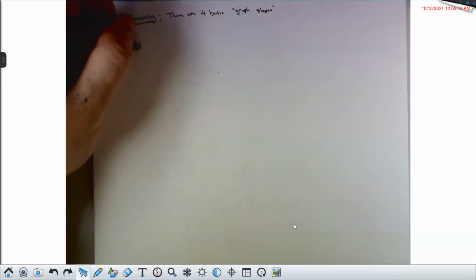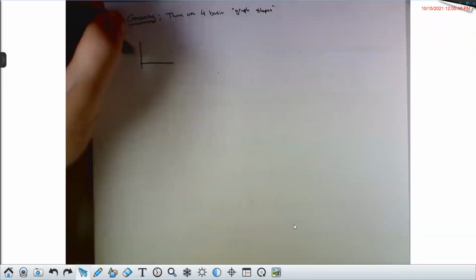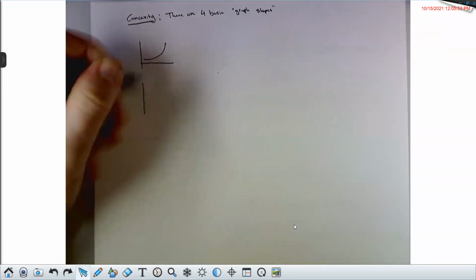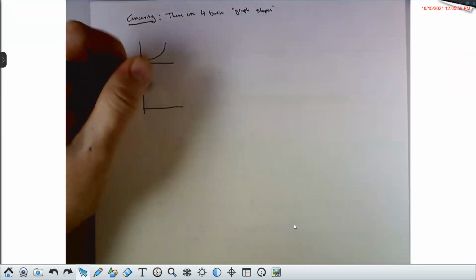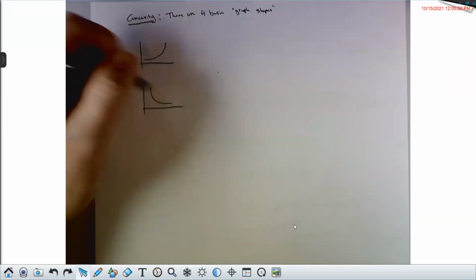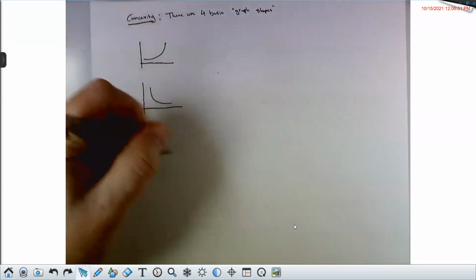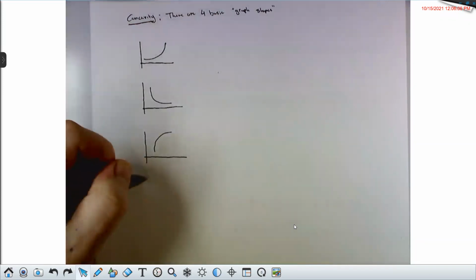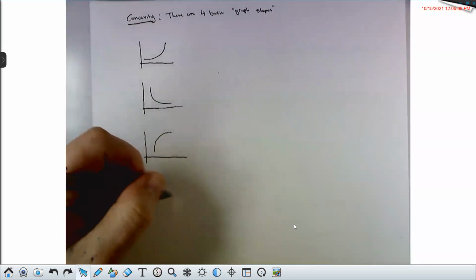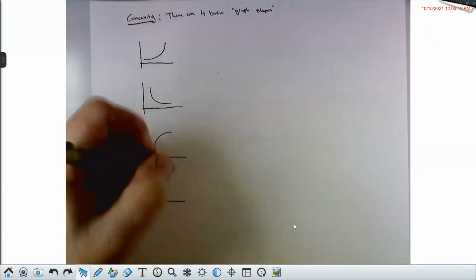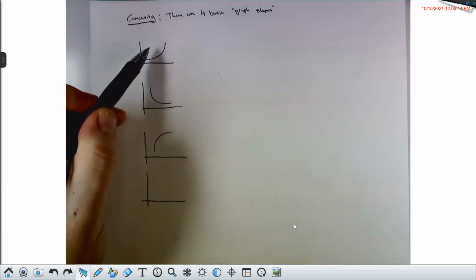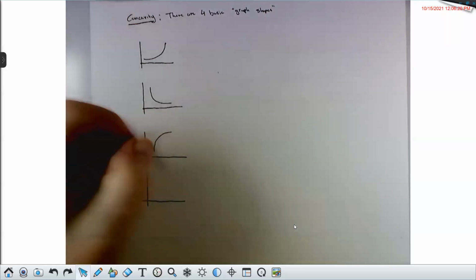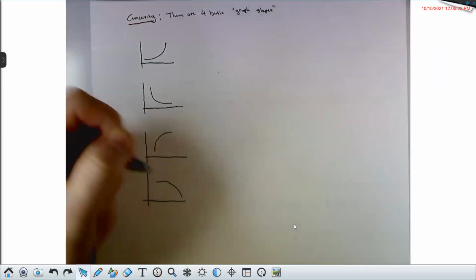These are like this, like this, like this. Let's see, we've got increasing, increasing, coming down, and we need decreasing, coming down. Okay.